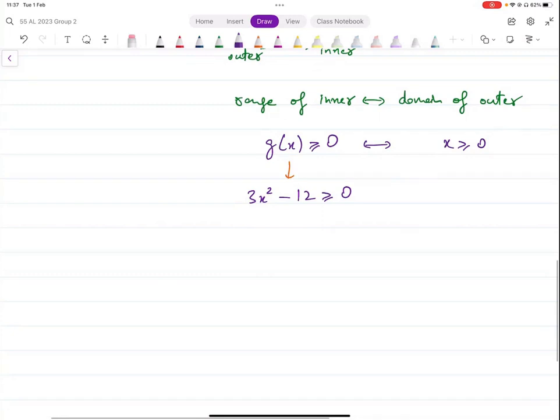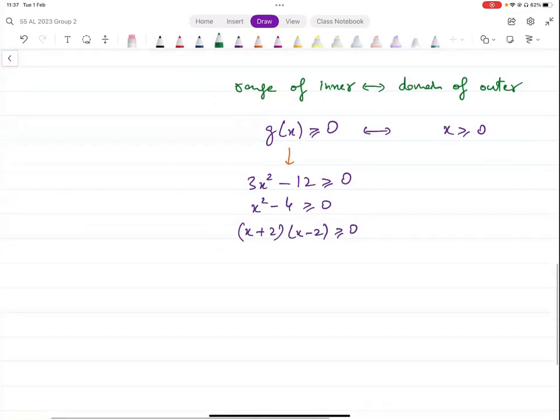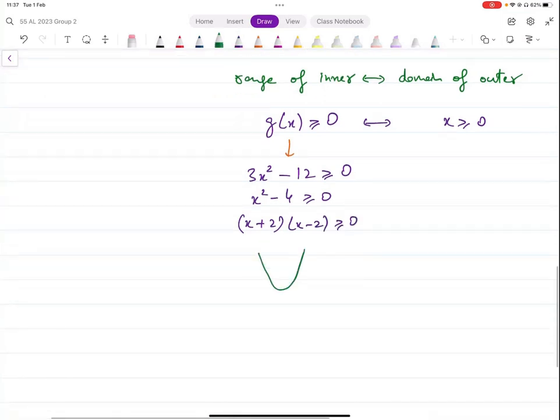So what do we get from this? If we solve this, we get x squared minus 4 greater than or equal to 0. We factorize this, we get x plus 2, x minus 2 greater than or equal to 0. We have two intercepts, minus 2 and 2. Since it's a greater than sign, we're looking at these sides.